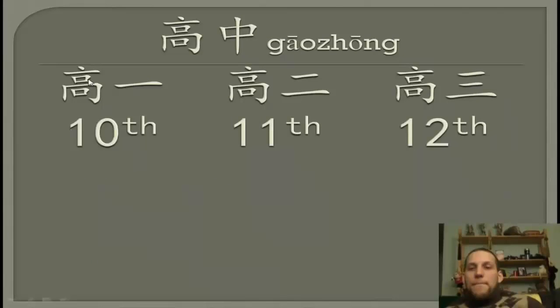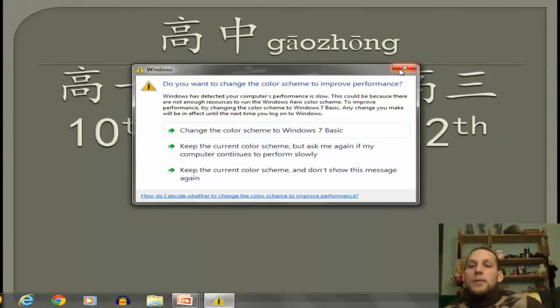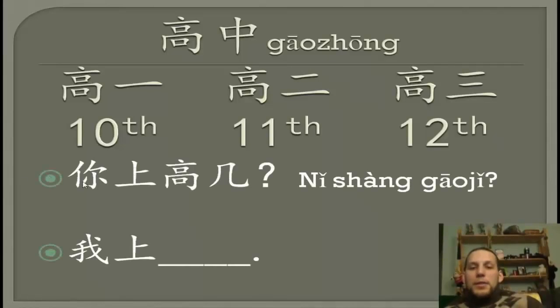All right. For high school, we have 高中. This follows the same pattern as middle school did. We'll say 高一, 高二, and 高三. So to ask the question, here we say 你上高几？Right?